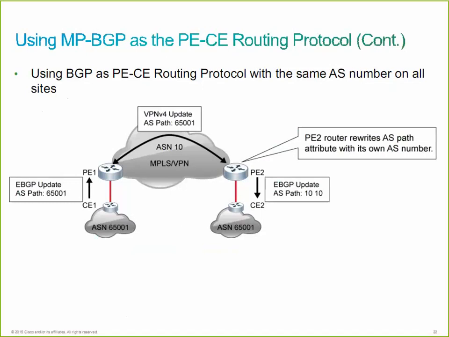All right. Now, there is a feature, it's called SOO, not SSO, but SOO, and that stands for Site of Origin. That site of origin is an extended community attribute within BGP. It gets attached to the MPBGP route, and it's used to identify the origin of that particular route.